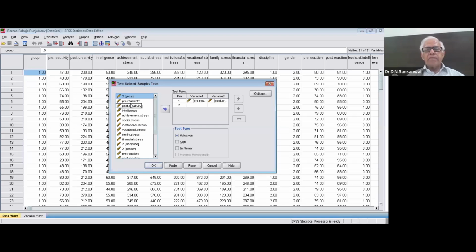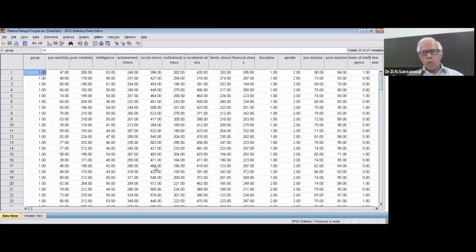Here is pre-creativity, here is post-creativity. And now Wilcoxon is already selected, and then I say okay.